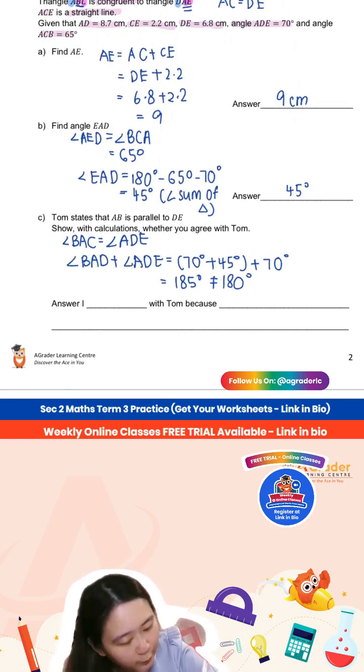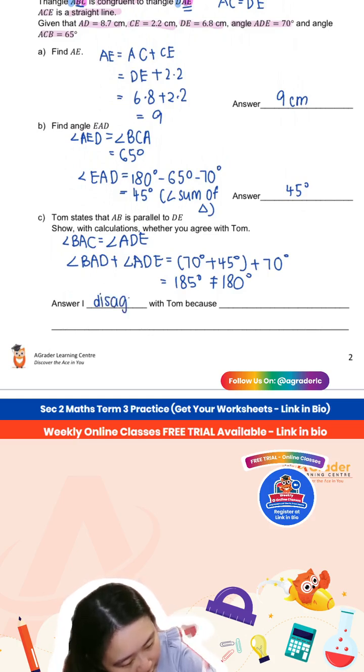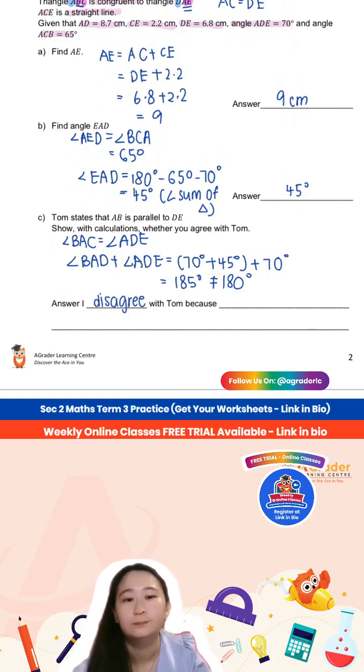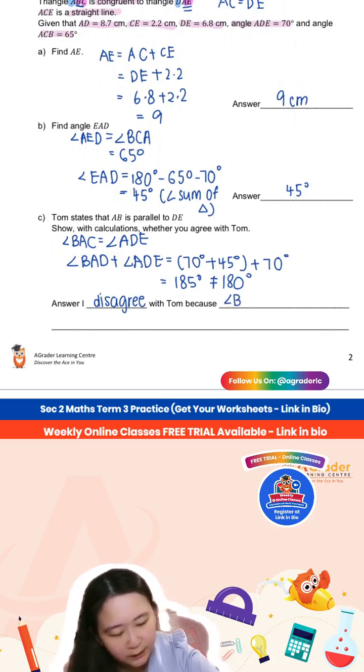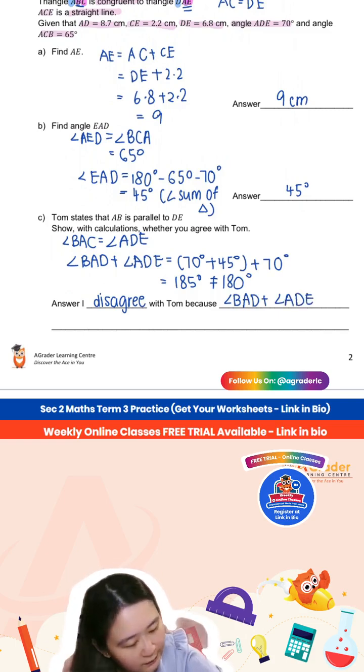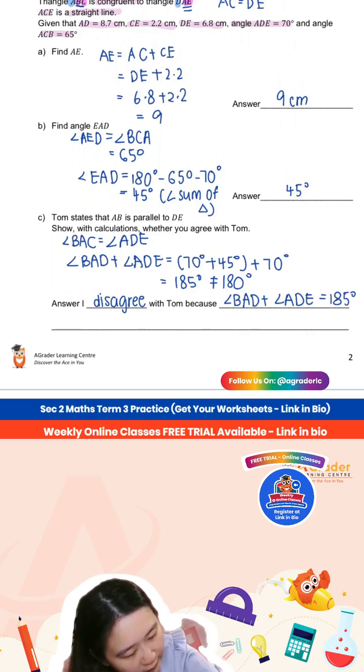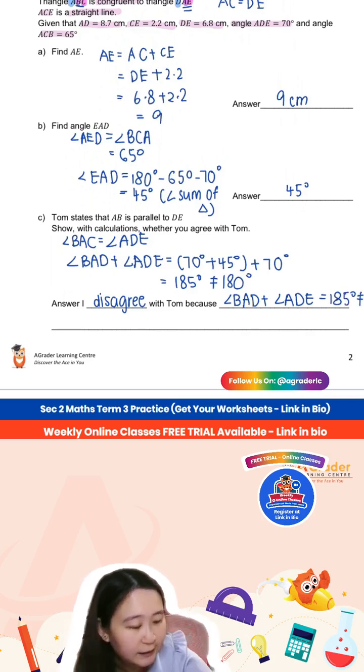So I disagree with Tom, because my angle BAD plus angle ADE is equal to 185 degrees and not equal to 180 degrees.